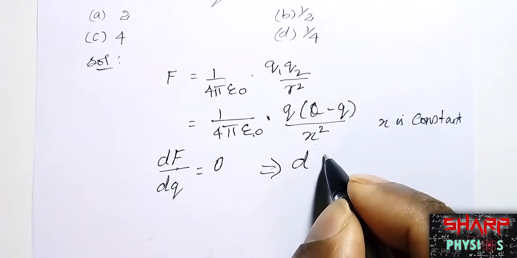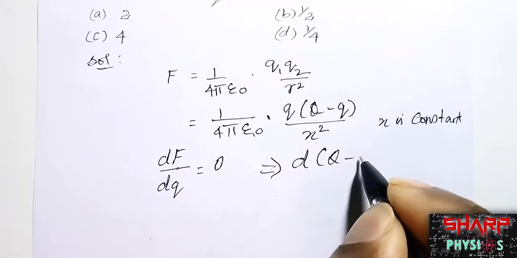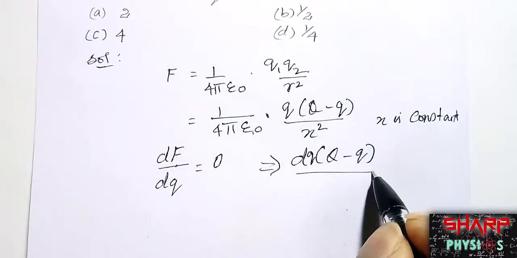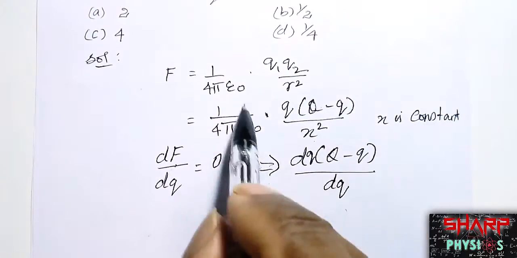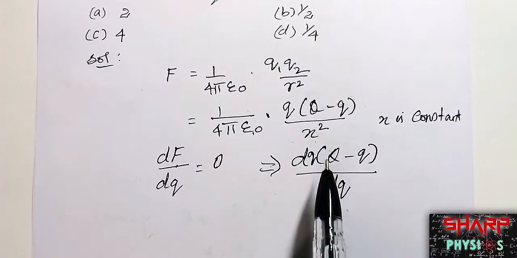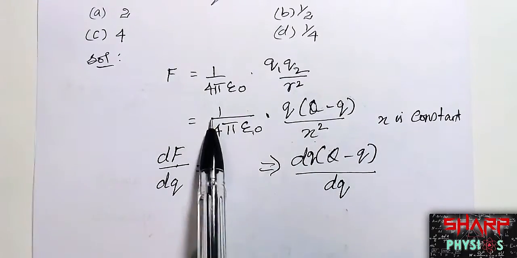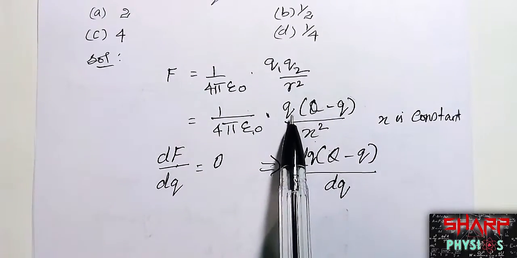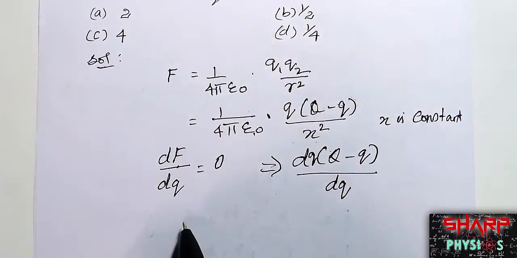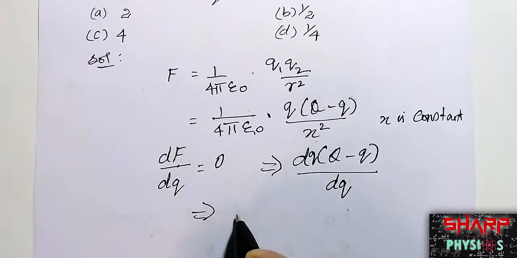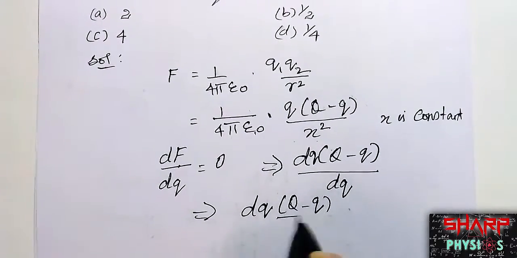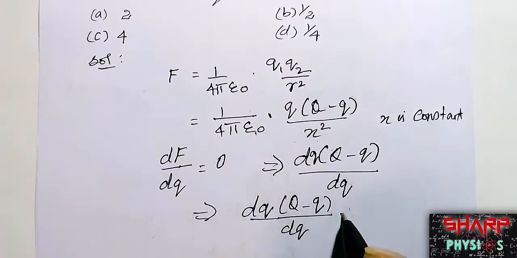So we take this and place it over here: d by dq of q into Q minus q. We leave aside the constant, since x square is constant, so we leave the total constants outside. We take only the quotient q into Q minus q for the derivation. So this is equated: d by dq of q into Q minus q is equal to 0.